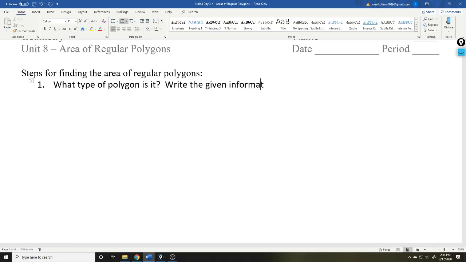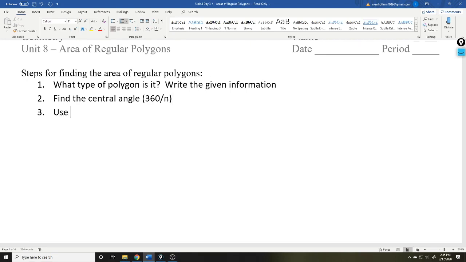So what do you know already? Step 2, find the central angle. And you're going to do that by doing 360 divided by your number of sides. And then usually we just want the piece of that, so we're going to cut that in half.